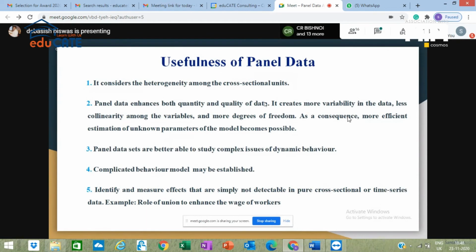If the variation is more, then there is less chance of collinearity, that means the relationship among the variables. Again, if you consider panel data, it creates more variability in the data set, so less collinearity among the variables. If the differences are more, obviously the relationship would be less.